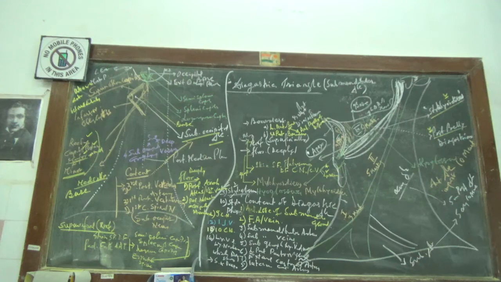Now this suboccipital triangle is very important when you deal with neurological patients, especially in order to rule out any abnormal constituents in the CSF, cerebrospinal fluid.